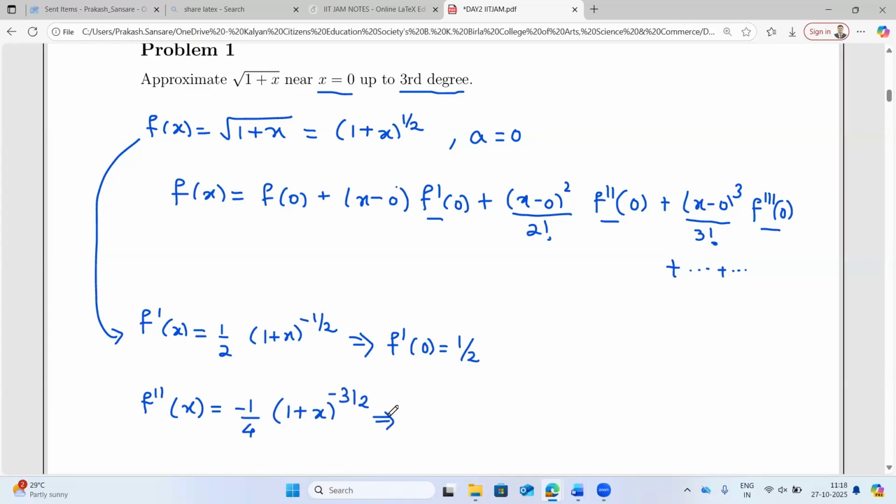This would imply f double dash at 0 is equal to, substituting x equal to 0, minus 1 by 4.